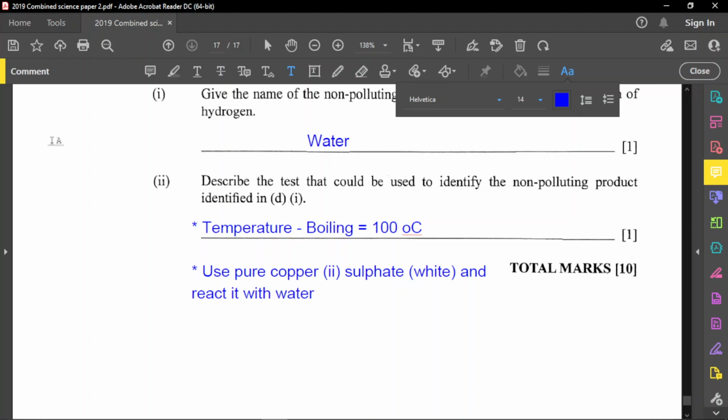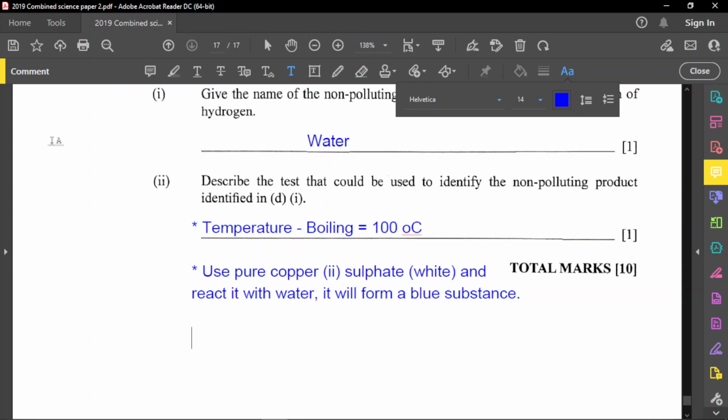React it with water, or the substance named up there, and it's going to turn into a blue substance. The blue substance is still copper 2 sulfate, just to make a note of that, but because it contains water of crystallization, it's going to be blue.